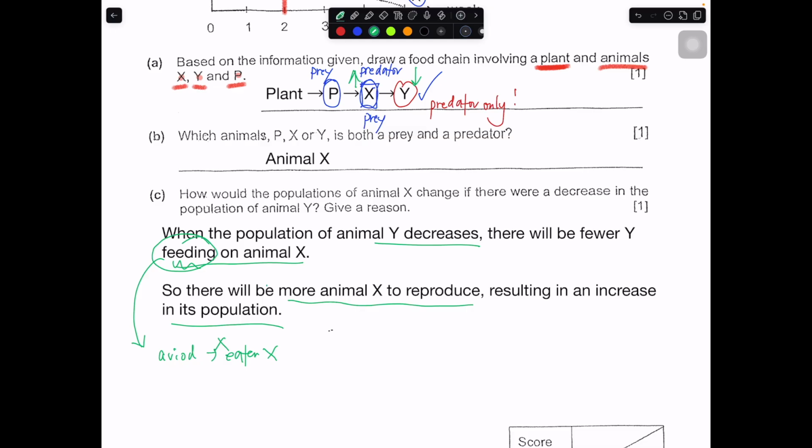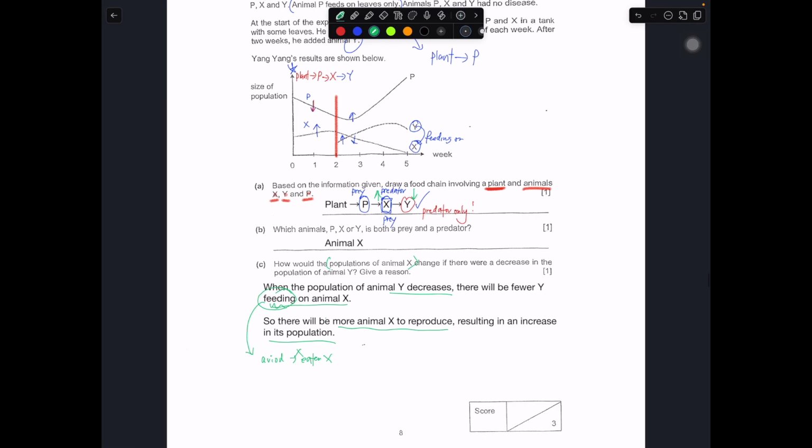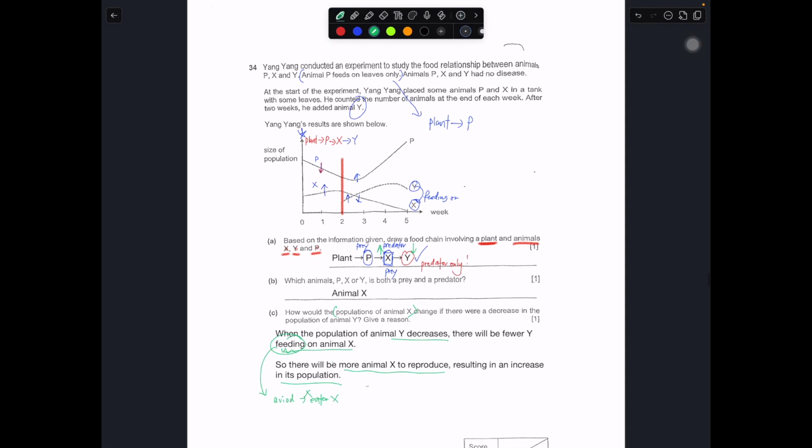Okay, this part you need to talk about the population. Okay, you can even bring it forward. You can say X will increase, full stop. When Y decreases, there will be less Y to feed on X, so allowing more X to reproduce. This is also one way of answering. Okay, so with that, we are more or less done with question number 34. Thank you very much.